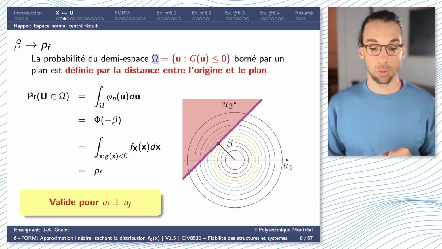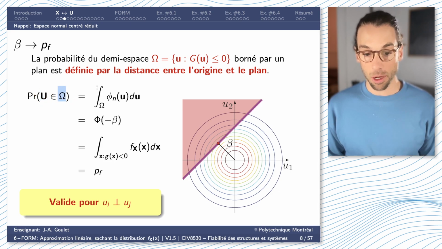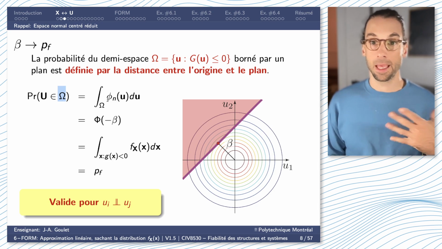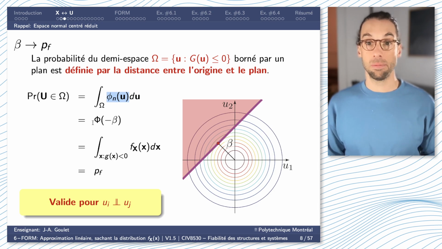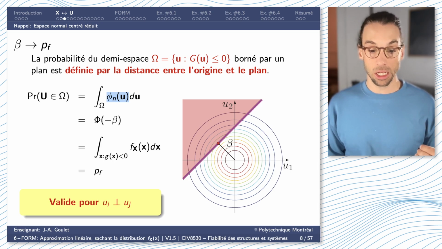It means that the probability that U belongs to the half space omega corresponds to the integral over the domain omega of my joint PDF in the standard normal space. And this integral can be boiled down to simply the CDF of minus beta, where beta is the distance between the origin and that half plane.